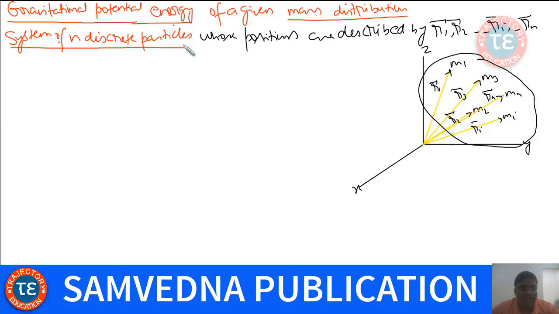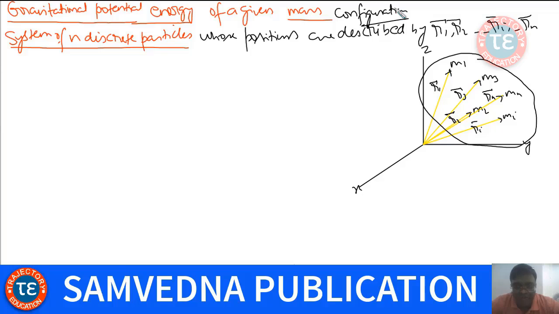So how to find potential energy of this system of n discrete masses? Before you find gravitational potential energy for a given mass distribution, or a given mass configuration, what is configuration?